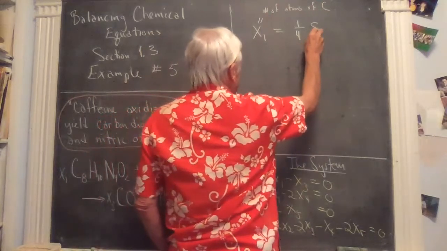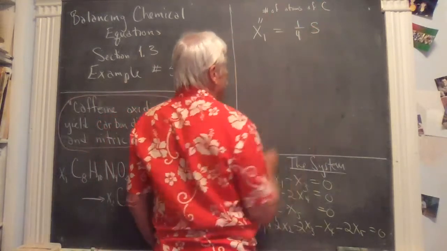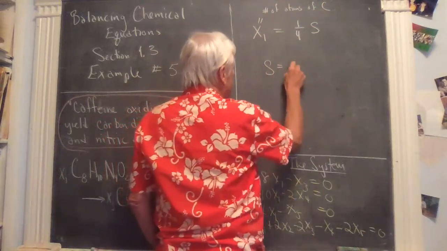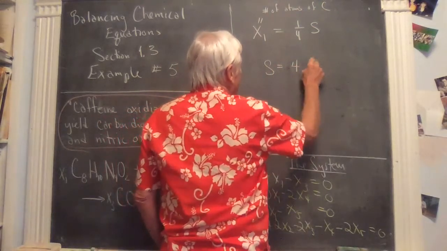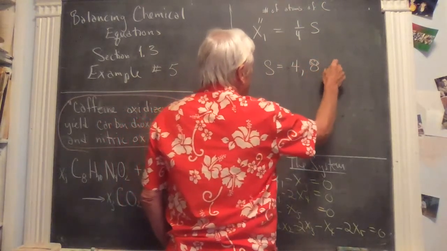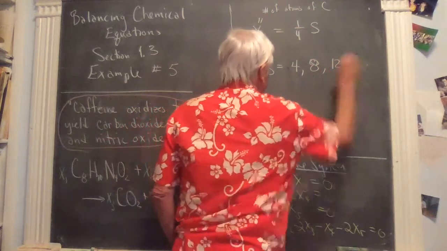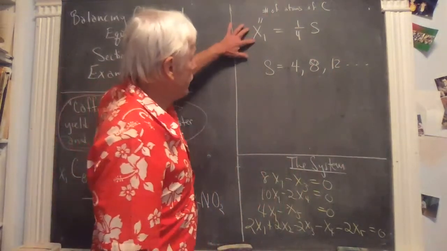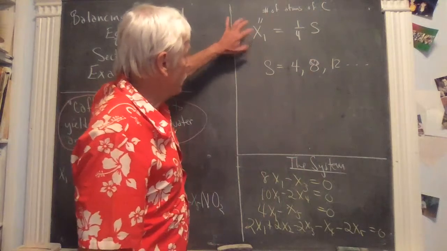So this should be a whole number. That means any s will give you a mathematical solution, but to get a solution chemically, s must be divisible by 4 in order that x1 is a whole number.